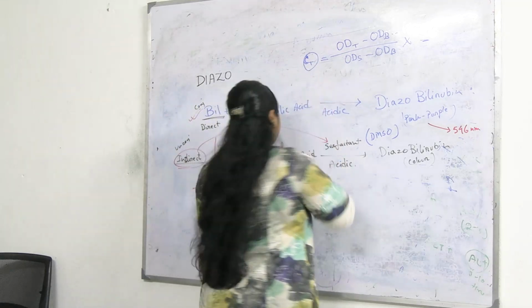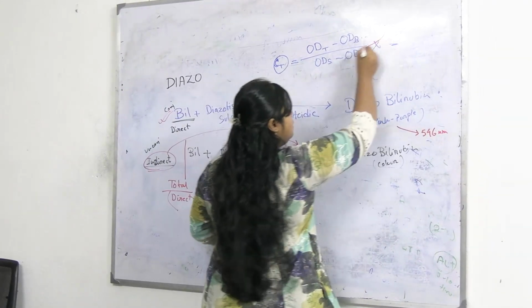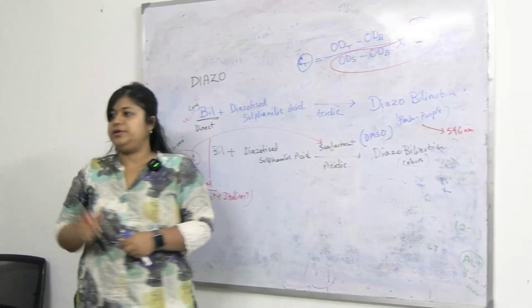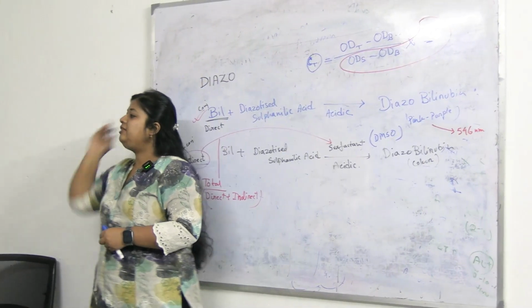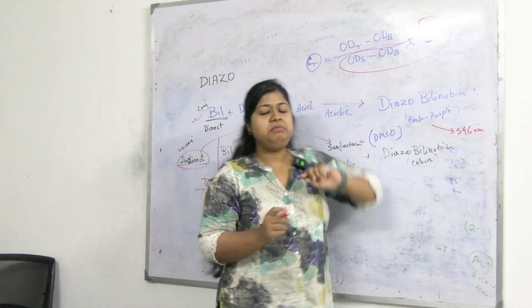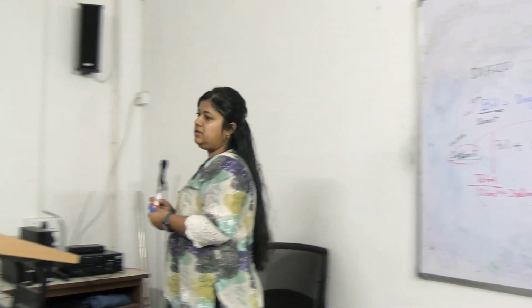So, there is a factor given. Factor is nothing but the pre-calculated value of CS by ODS minus ODB, which is provided with the literature.